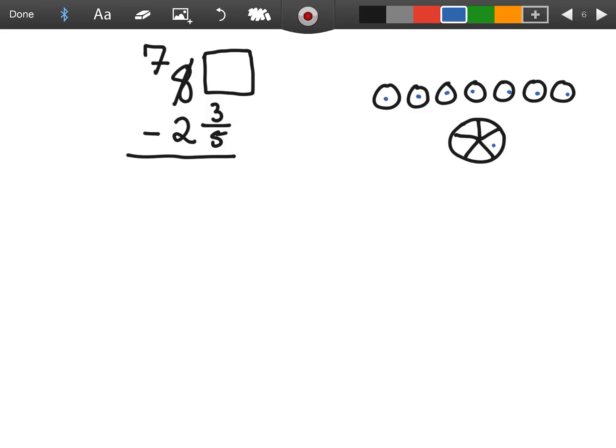But instead of calling it 8, I'm going to call it 7 5/5. Now we can subtract. 5/5 minus 3/5 is 2/5. And 7 minus 2 is 5. So that's how much TV time he has left after Monday.